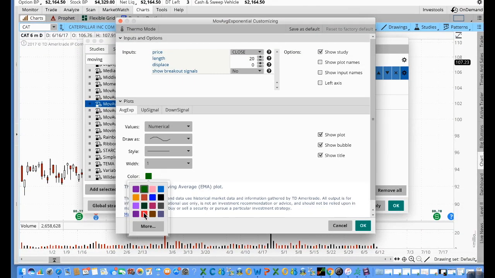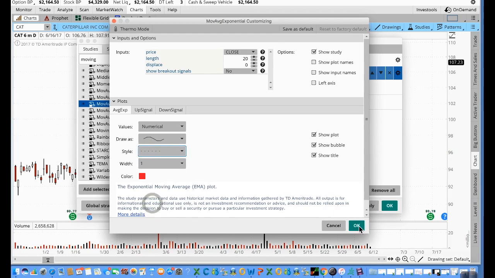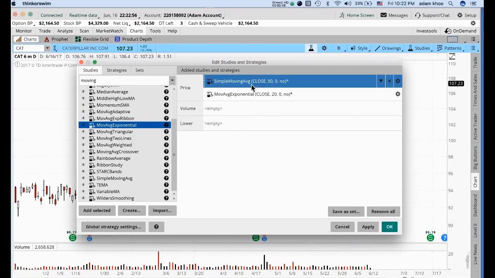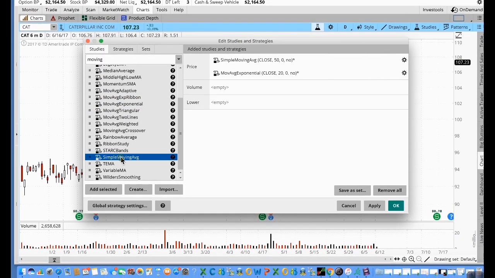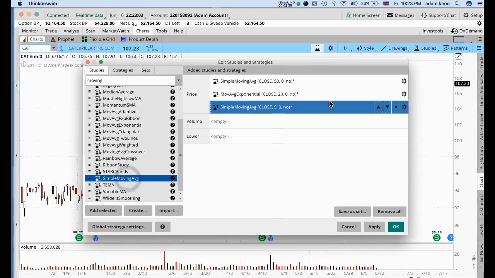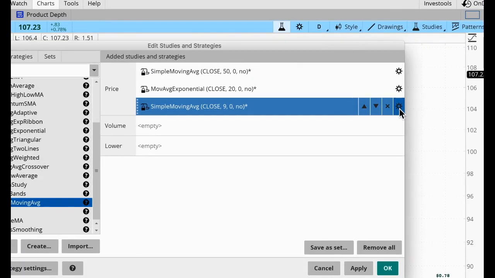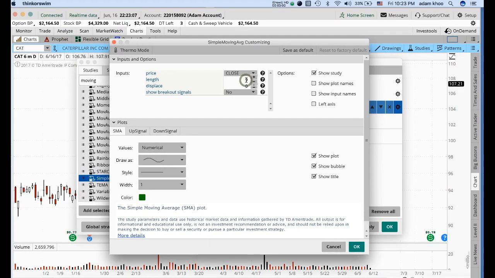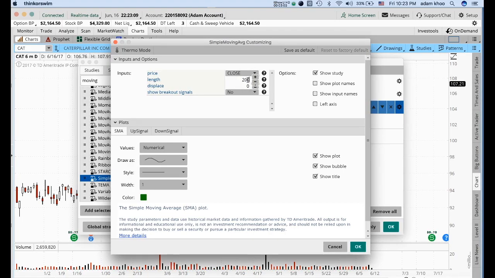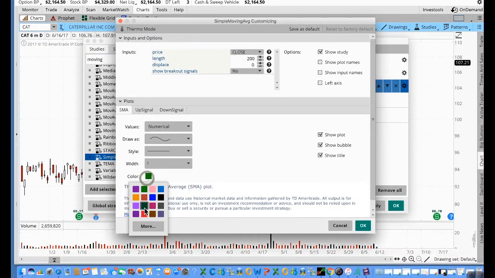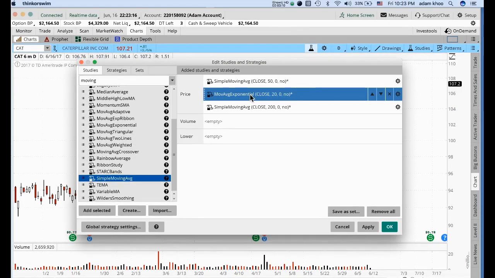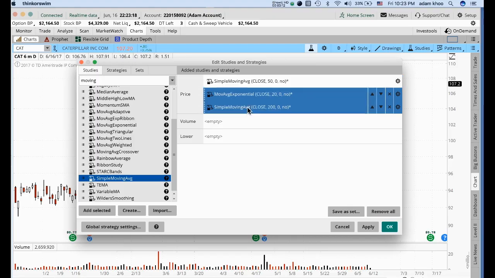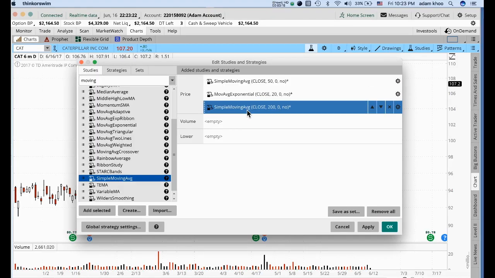For the exponential moving average, I choose a red dotted line. There we go. I could also put in a 200-day moving average. Again, I go back to my simple moving average, double click on that, and click this icon to edit to my preferred setting of 200, red. There you go. So I've got my 20 exponential moving average, 50 simple moving average, and 200 moving average.